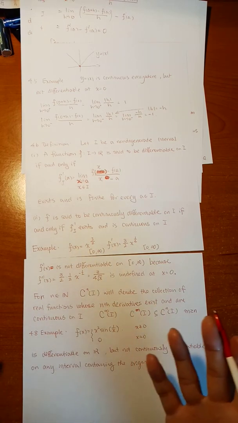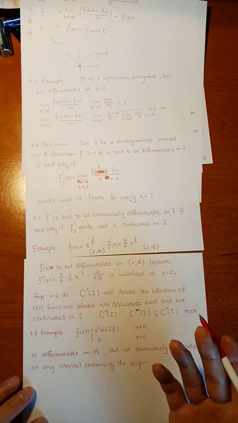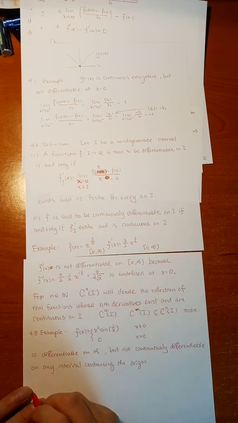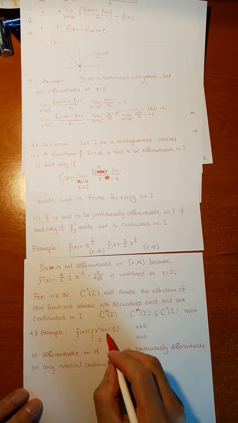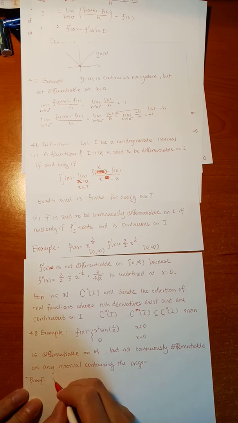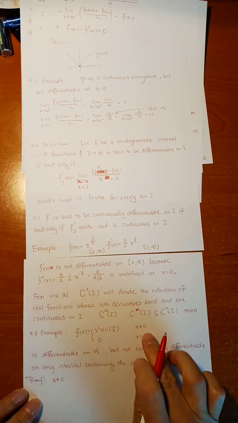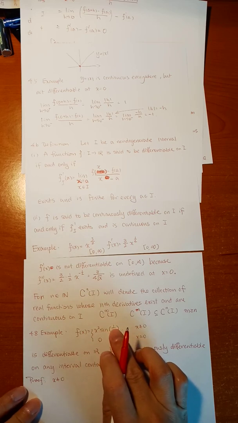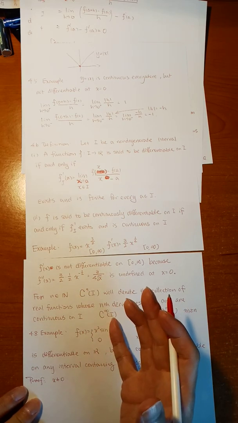Well, let's try to check it. For differentiability, we need the derivative. So if x is not 0, for any point not equal to 0, you just use the product rule and the chain rule.